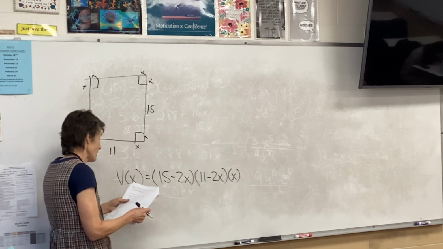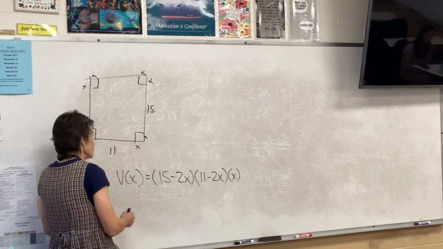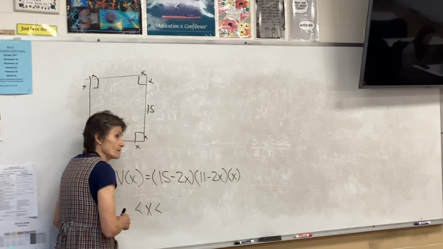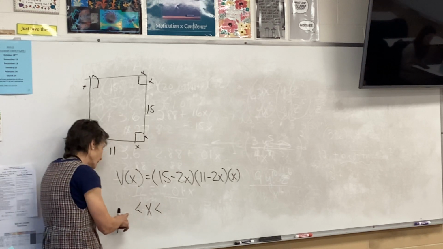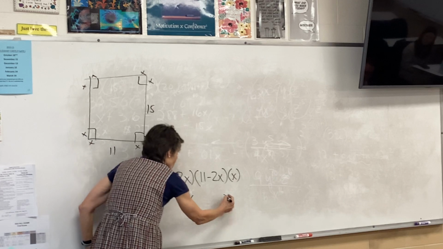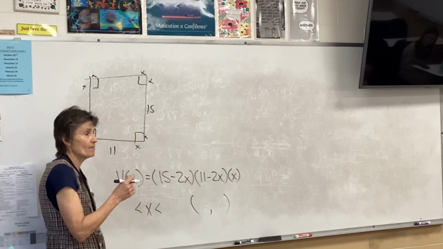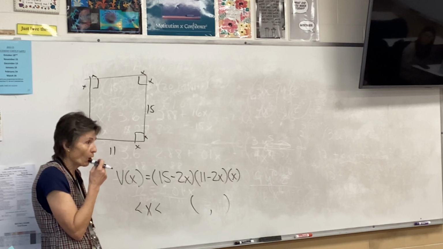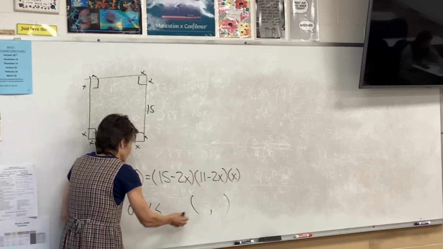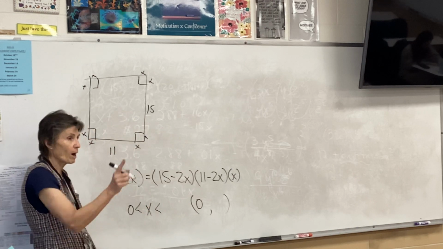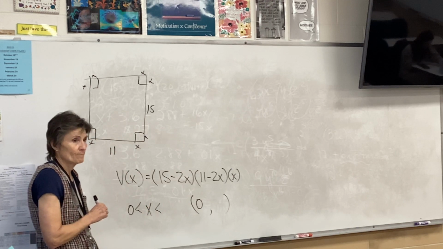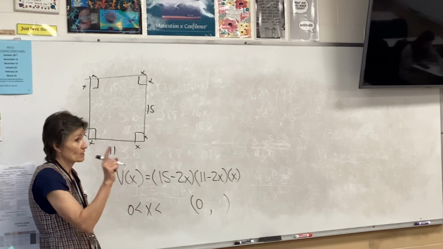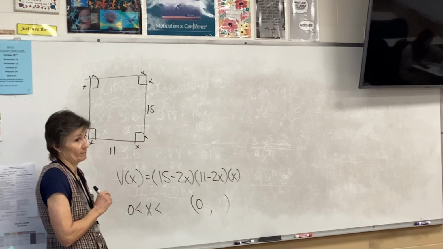Now, what about domain? That's the next question. Domain is, tell me about the size of x. What's the littlest and the biggest that x can be? 0 and 15. The littlest is always 0. Always 0. Every problem, that's going to be 0. And then the biggest is actually half of the smallest number.